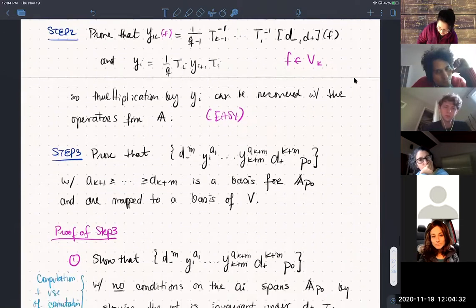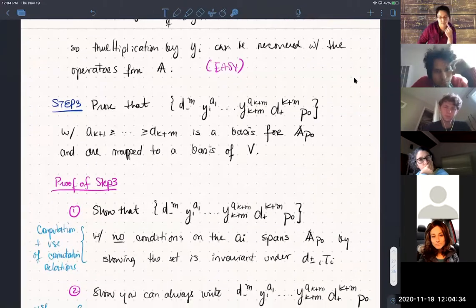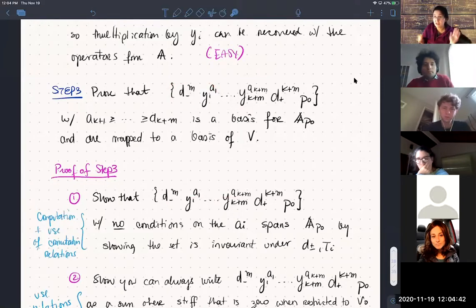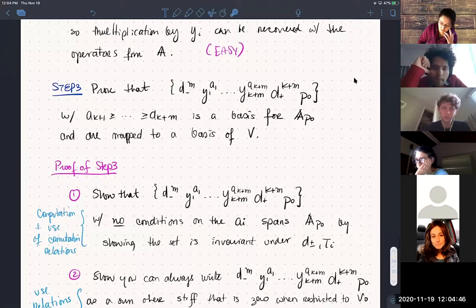So how do we do this? Step 1 is to show that this set here, if we don't put any conditions on the a's, really is a spanning set. Remember, what is AP0? Take your operators d plus, d minus, ti, act, and then project.